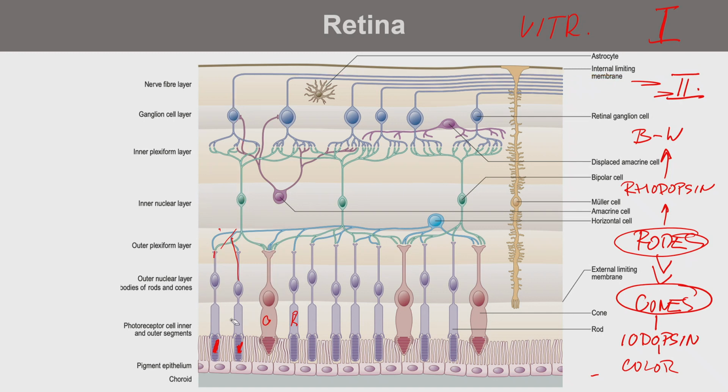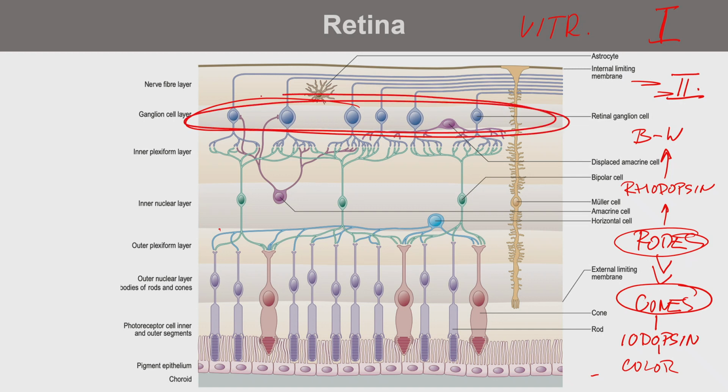Those ganglia are very similar to ganglia which we know from the other sensory systems, like the spinal ganglion, trigeminal ganglion, etc. So the ganglion here is lying directly in the layer of the retina.